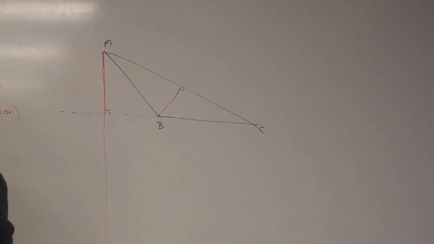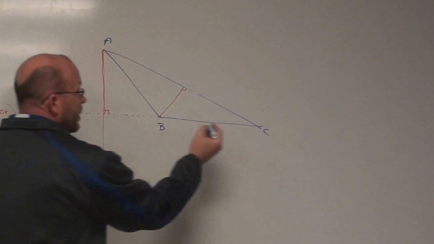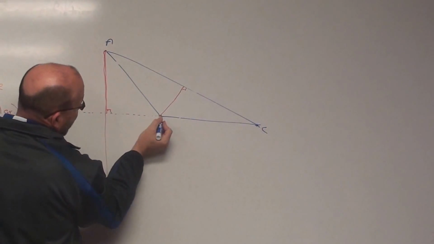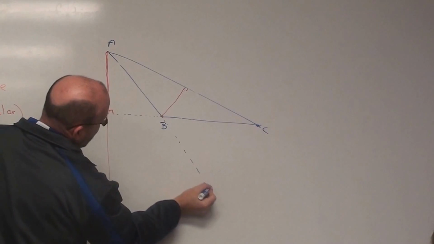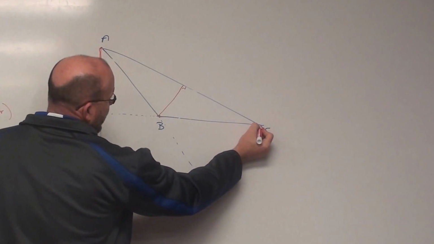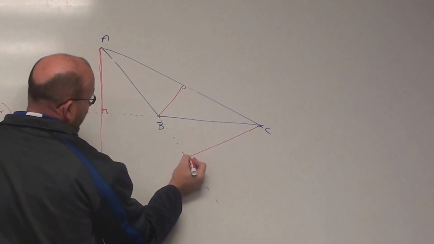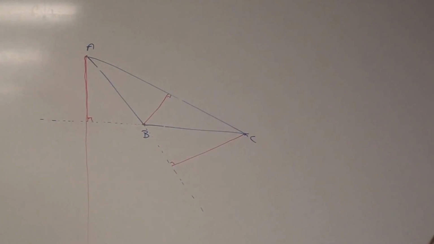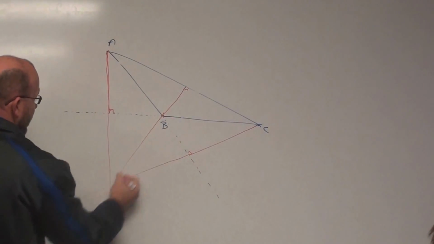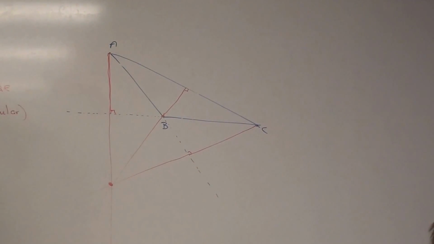If I did the same thing from C, and I want to go to this side, AB, at 90, I've got to extend AB out. And then I drop from a vertex to the other side, even though it's outside the triangle, at 90 degrees. If I keep extending those altitudes out, there's my orthocenter. It's outside the triangle.